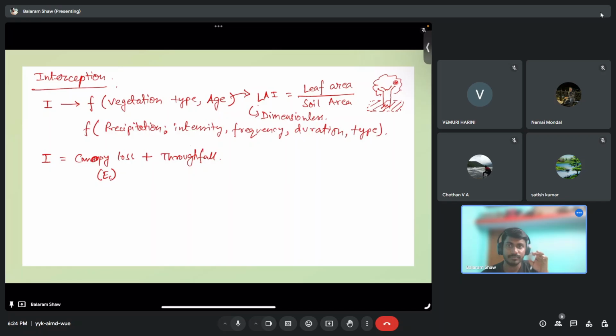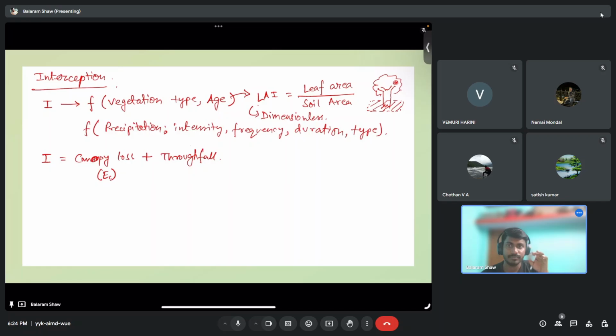Then we have interception from the forest floor or any litter. So let's say if you are in the forest, what will happen? All the leaves will be shed and the whole area will be covered with leaves, stems and all. So the water that will come will not go directly on the land, but it will be on the leaves, surface and all. So whatever interception is happening from this area, the forest floor or litter, is called forest floor interception loss.